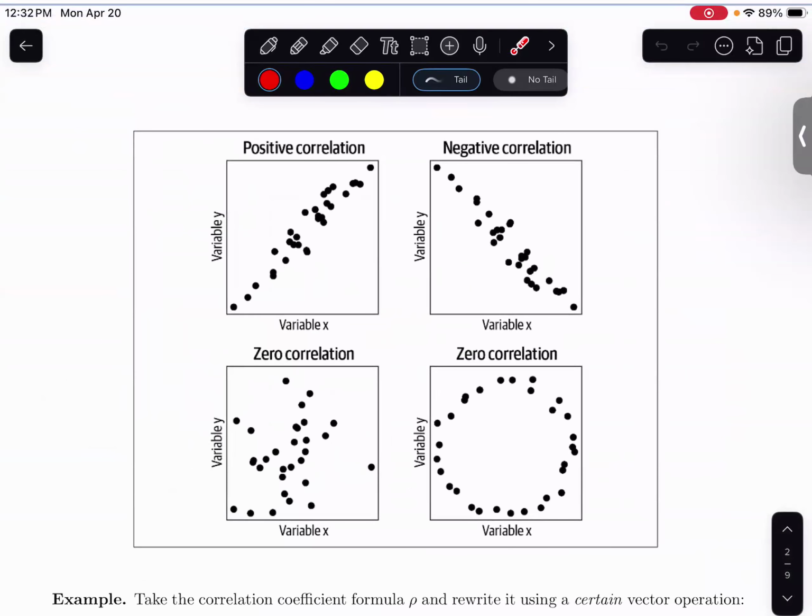This is illustrated on the next page. This would be an instance of positive correlation between a variable x and a variable y. You have this line, which is almost the line y equals x. As x increases, y increases as well. So whatever happens to x happens to y, and to understand y, it suffices to understand what's happening to x. You don't have to look at both at the same time.